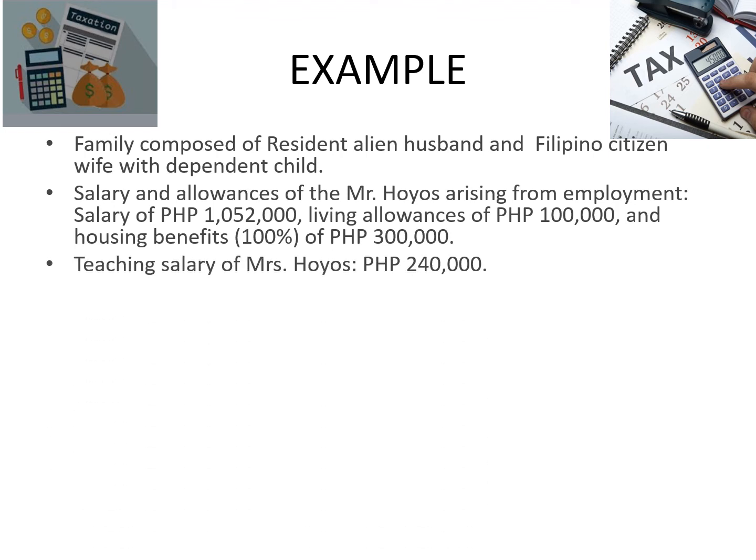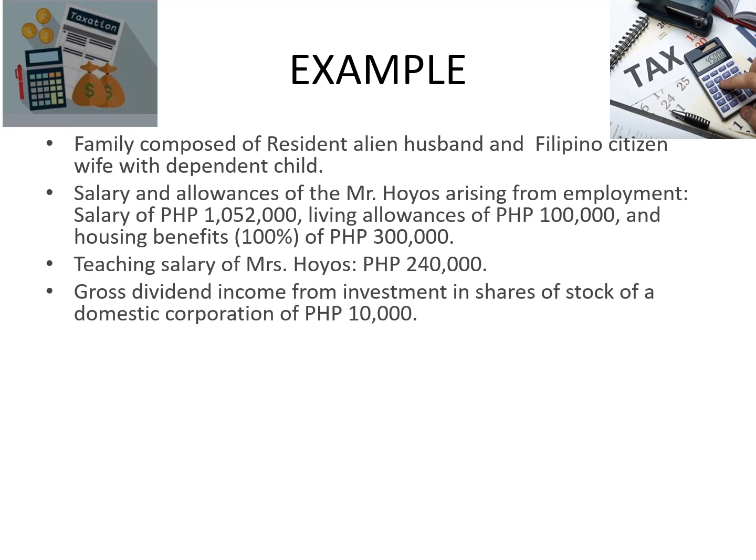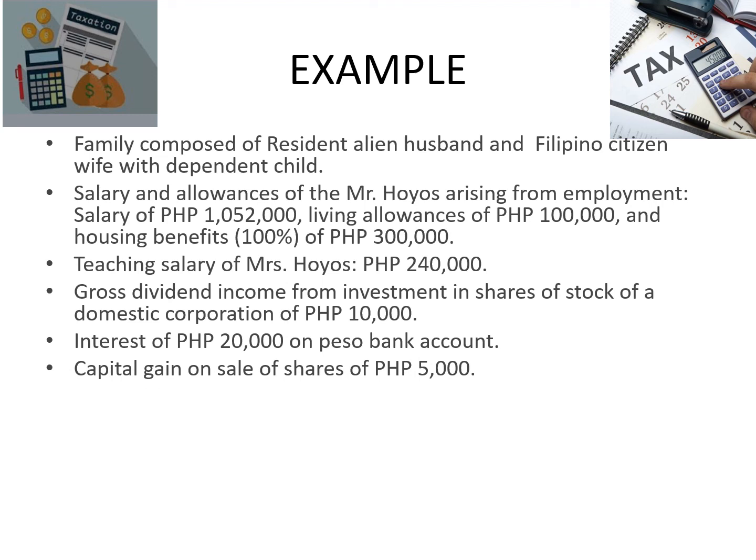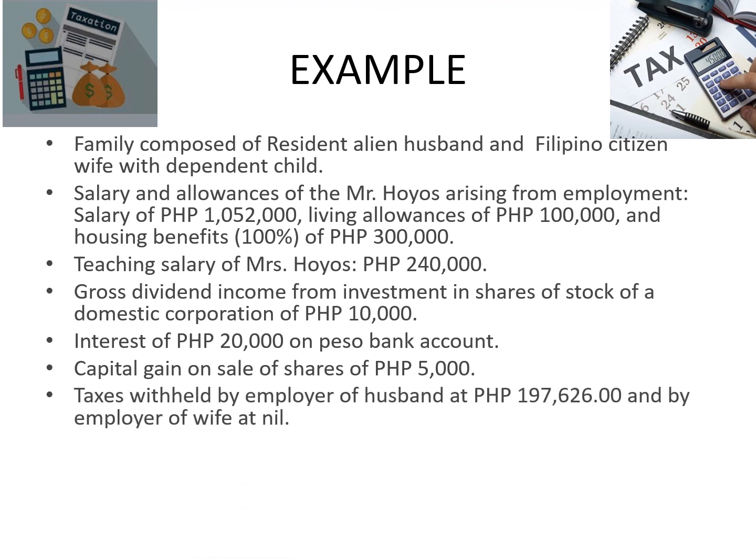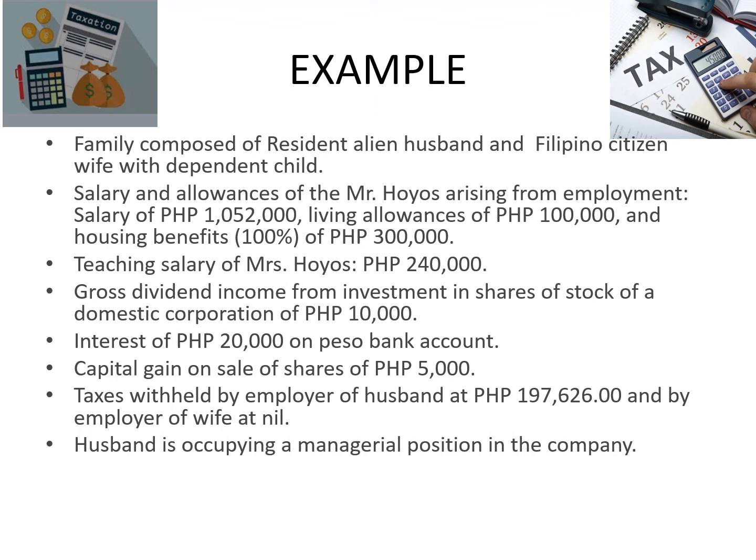Teaching salaries of Mrs. Huyos, 240,000, and then gross dividend income from investment in share of stock domestic 100,000, and interest 20,000 on peso bank account, capital gain on share of stocks of 5,000, tax withheld by employer of the husband 197,626, and by the wife none. Husband is occupying a managerial position.